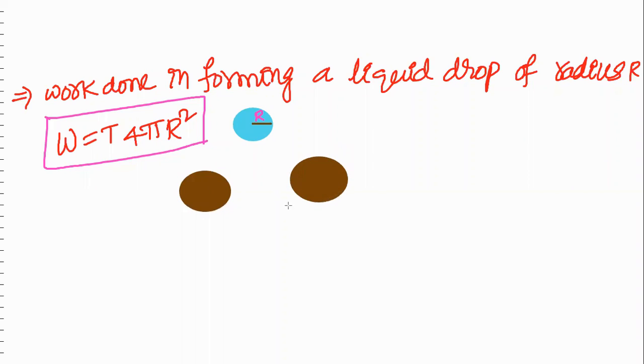This we have to increase from radius R1 to R2. Initial radius is taken as R1, and its volume will be increased from R1 to R2. So the radius of the liquid bubble should be increased from R1 to R2.